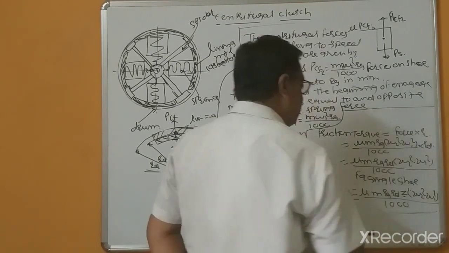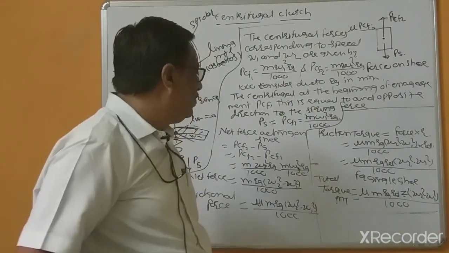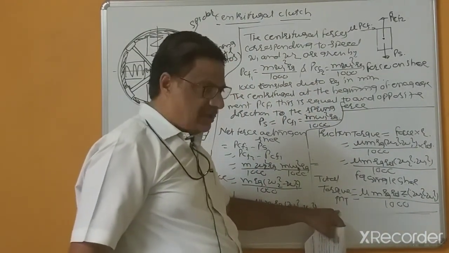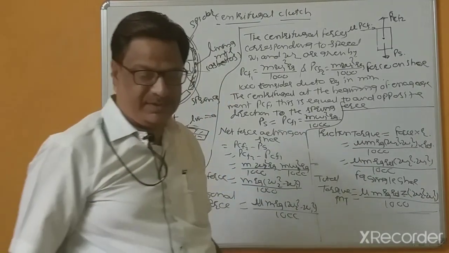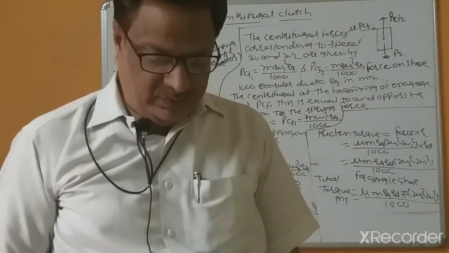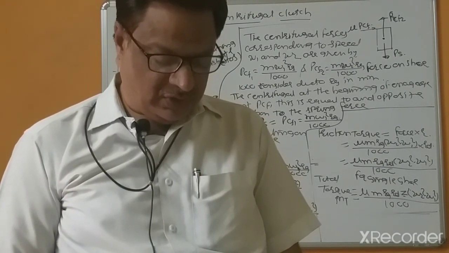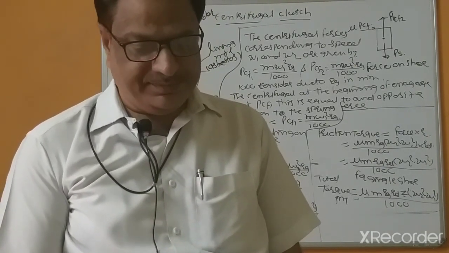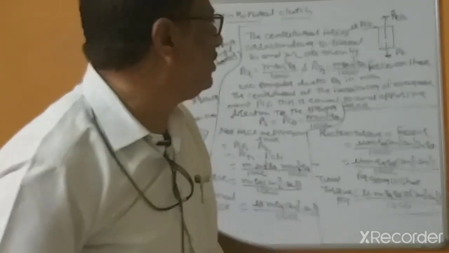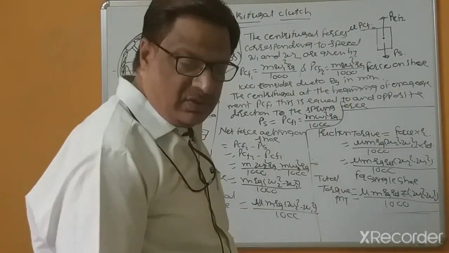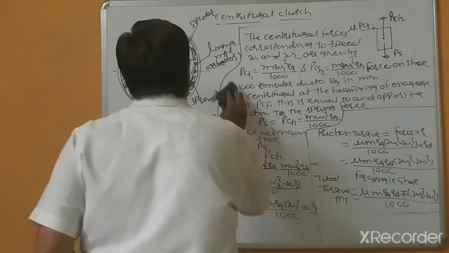By using these relations you can calculate the total torque transmitting capacity of the clutch. These are the expressions we can use for the design calculations of the centrifugal clutch.